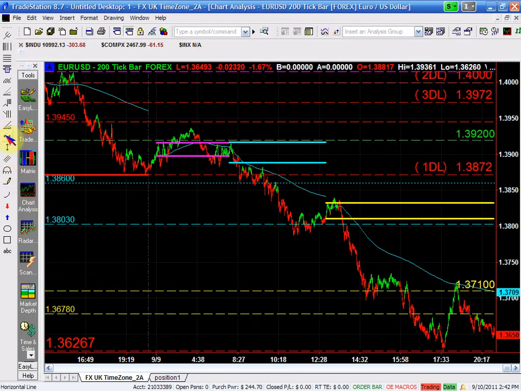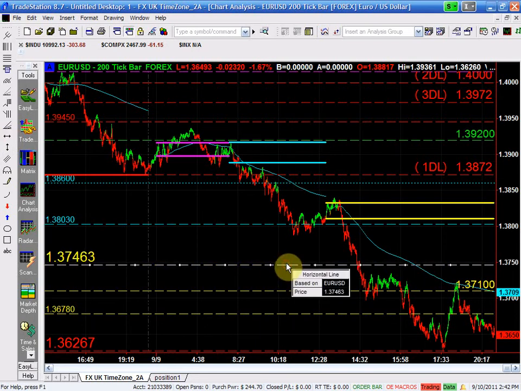If you look again, we have a point on the daily chart of 137.46. It is just a buy.